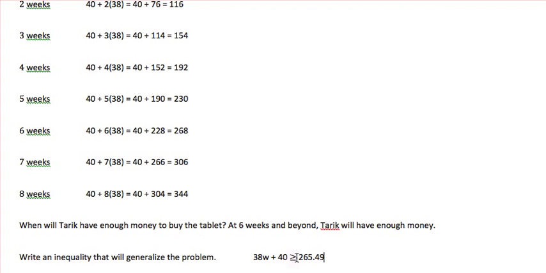In other words, if he had exactly $265.49, he could get it. But if he has more, he can also get it. Greater than or equal to that amount.